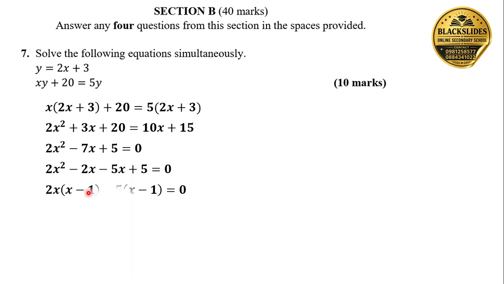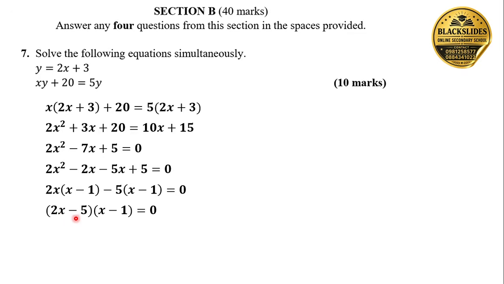In this case, the factors will be 2x, x minus 1, and then 5x minus 1. So pushing 5 minus x minus 1 will give us x minus 1 and 2x minus 5. So equating each one of them to 0.